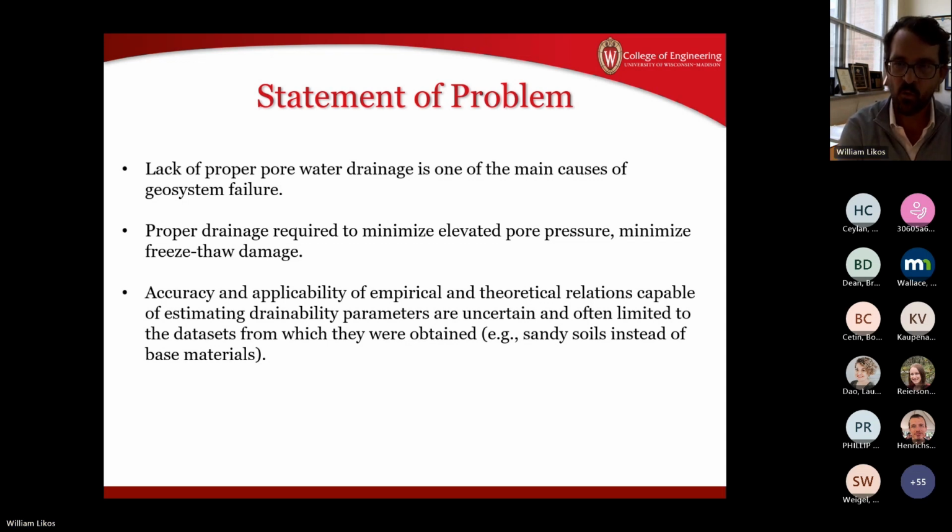And so that is what we tried to do here, is develop a data set for materials specifically that have been used in or have been considered for use in roadway base materials, measure the properties that matter directly, hydraulic conductivity and water retention characteristics, and measure other properties of those materials that are relatively simple to measure, grain size, porosity, for example, and look at correlation between the desired properties and the material properties of the material itself.